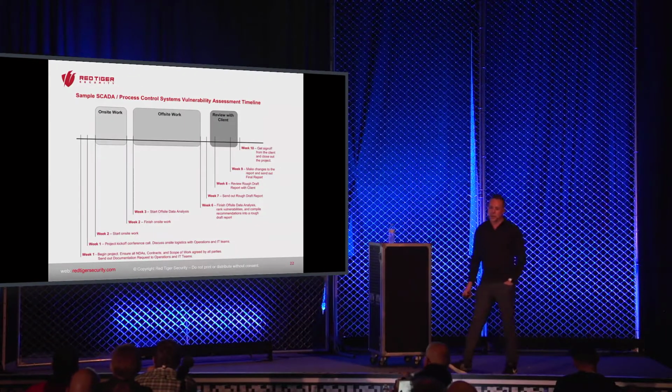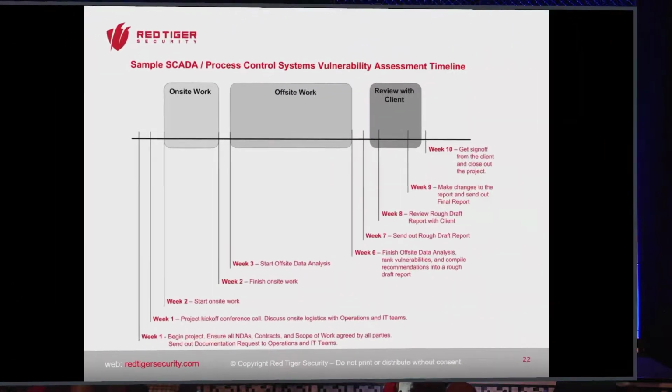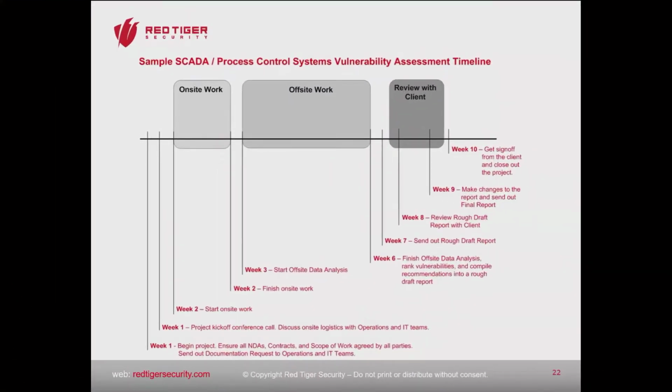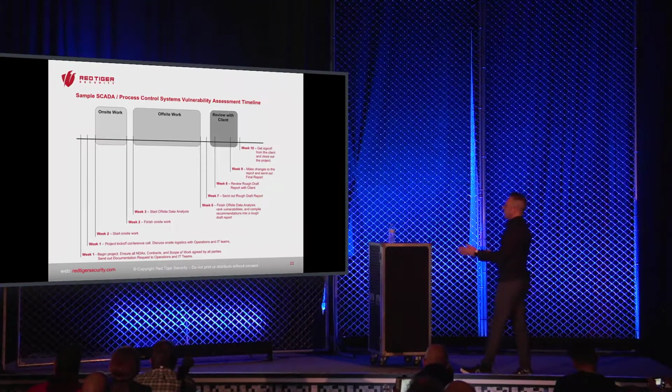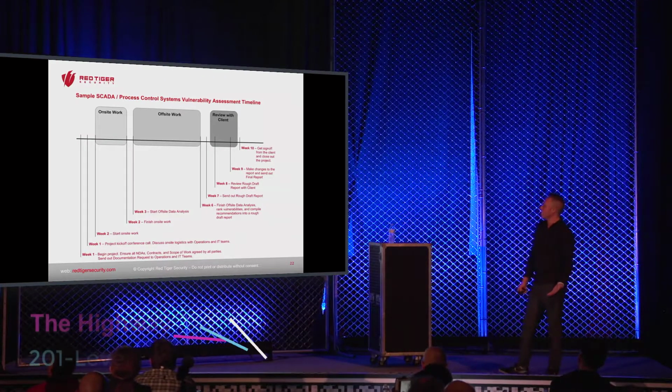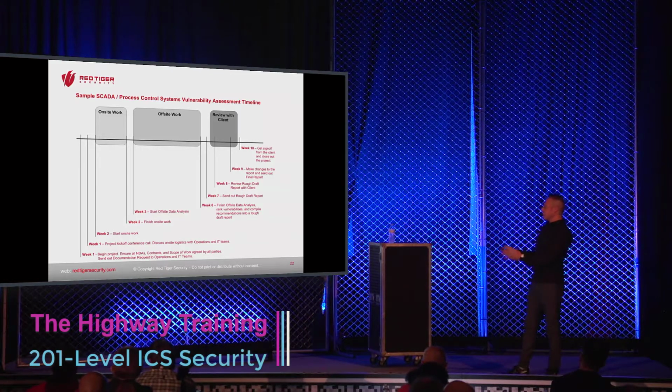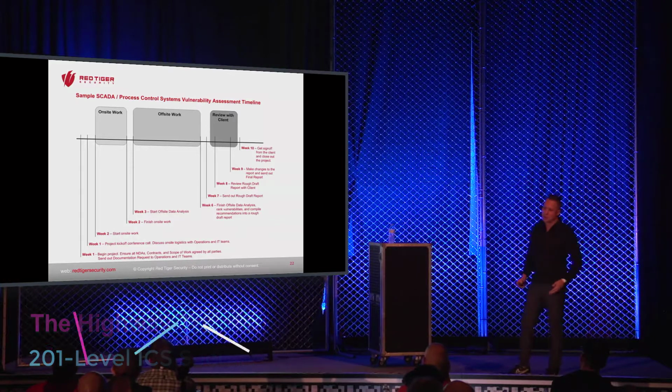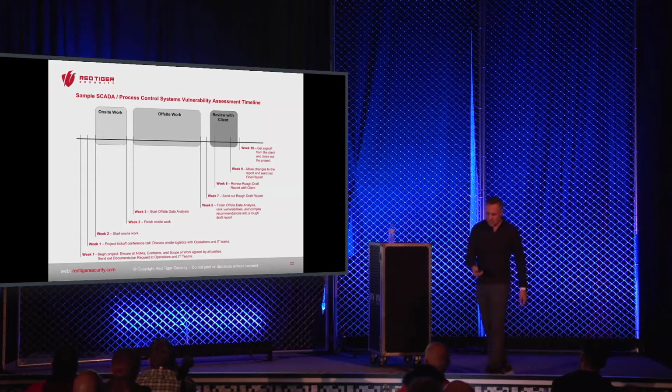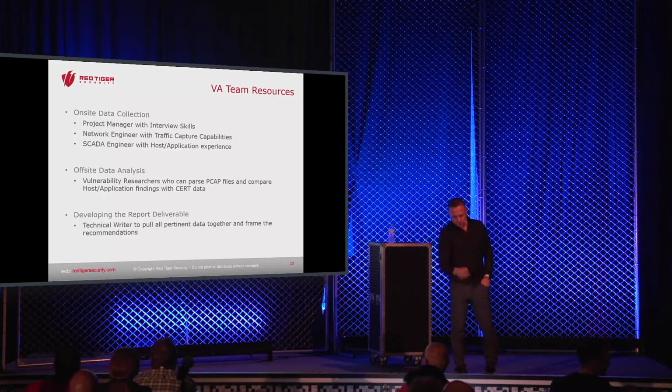This whole timeline is typically about 8 to 10 weeks. So if you're planning to do an assessment of an industrial control system installation, give yourself time up front to go out to the plant and do the work. You're going to need time to analyze that data, time to write the report, review the report, and sign off with the report. So you usually need about 8 to 10 weeks to do this project.